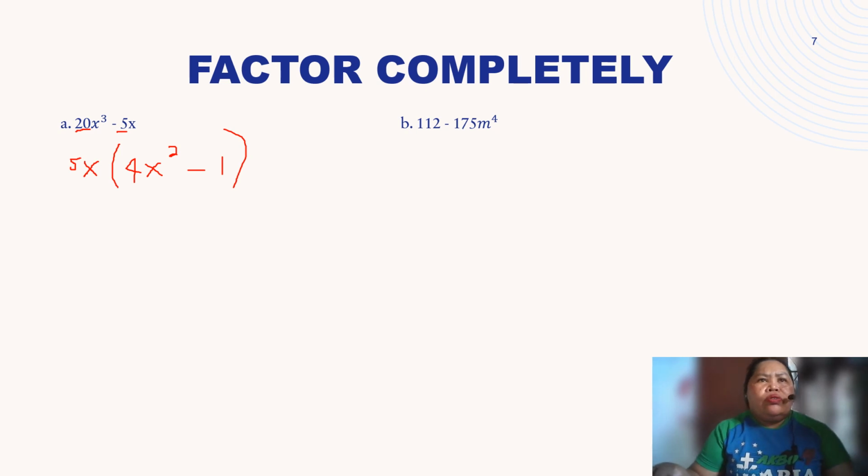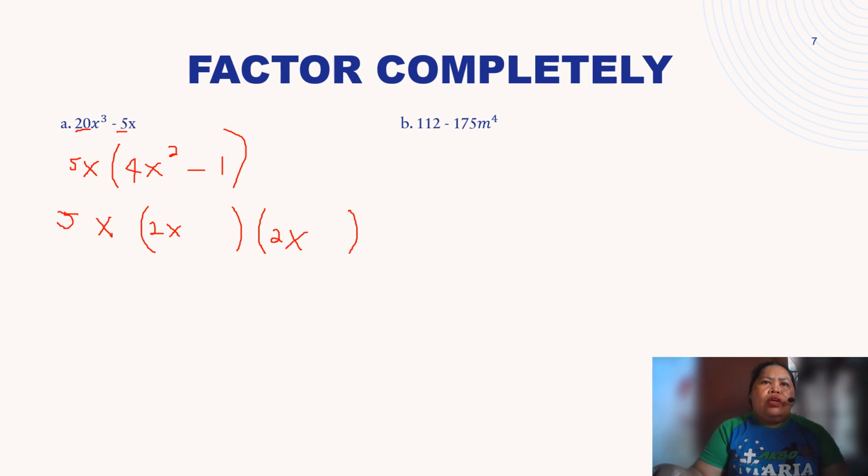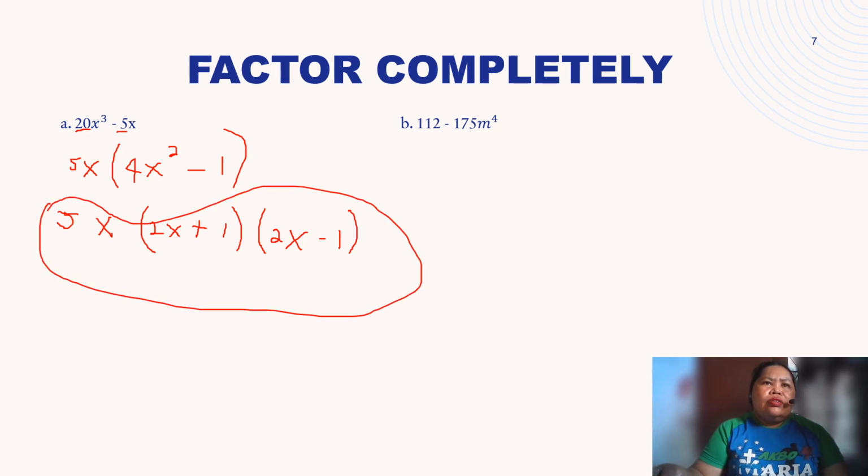Now, if we're going to write that into a difference of two squares, we need to write 4x squared as 2x, and for negative 1, we can write positive 1 and negative 1. Okay, so this is the correct answer.